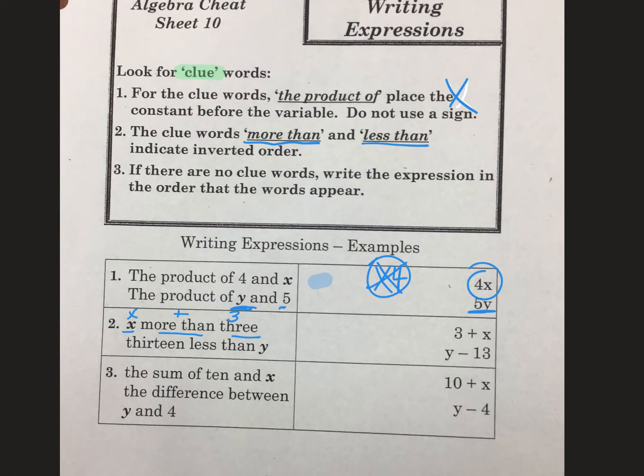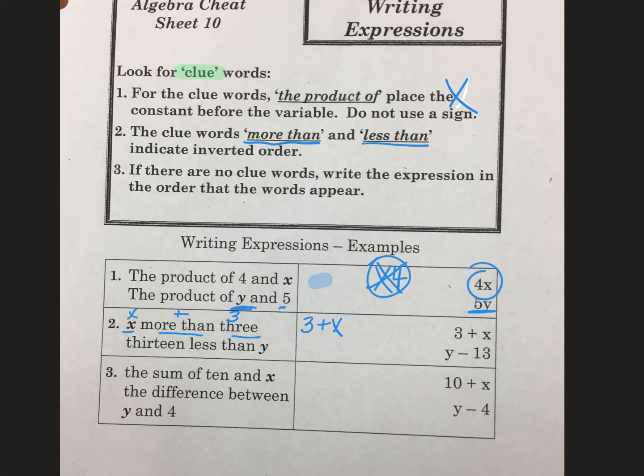So x more than is addition, 3. Then I have the clue words more than, so my answer is going to be inverted, and it's going to be 3 plus x. In other words, instead of writing it as it's read, as x more than 3 would be x plus 3, it's inverted, okay?